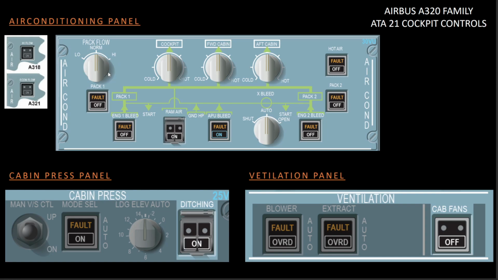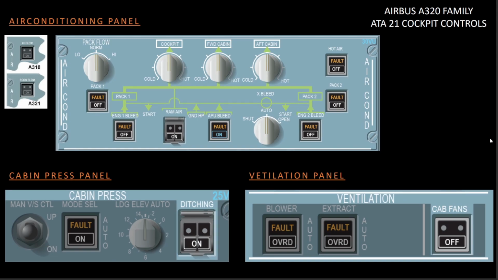So you move it, the signal goes to the air conditioning system control computer 1, and it will send the signal to its related flow control valve torque motor to position the valve accordingly.